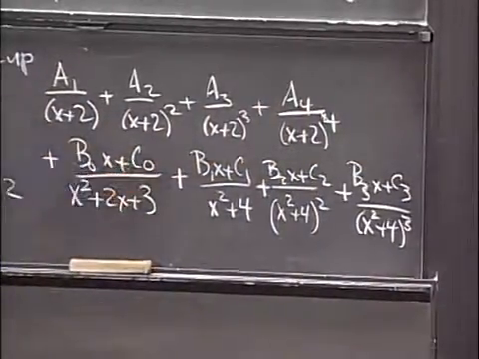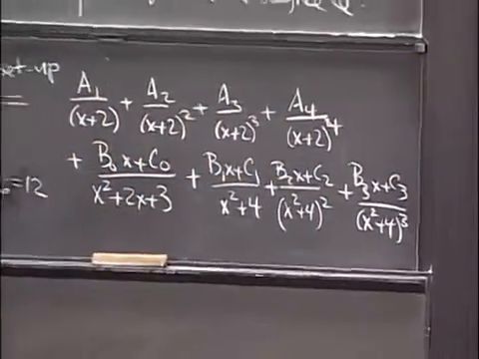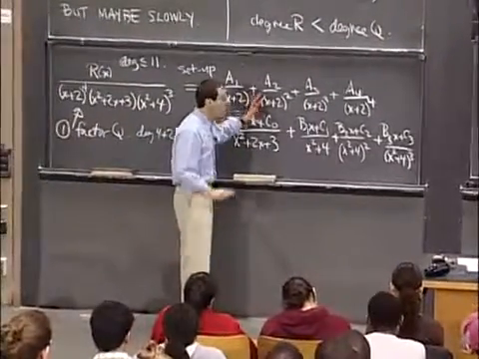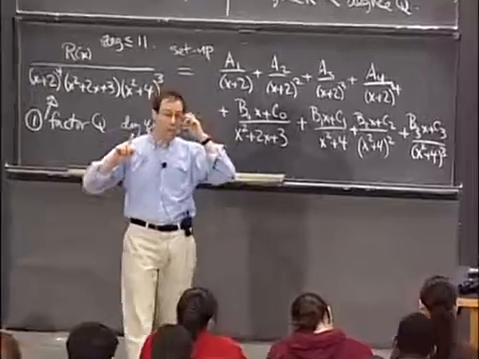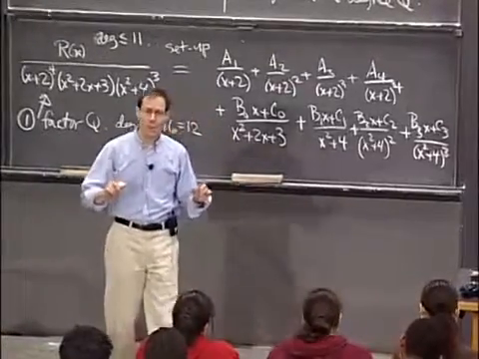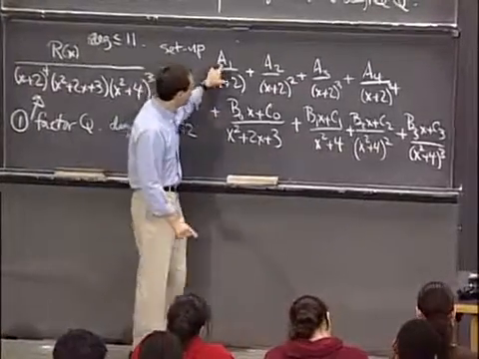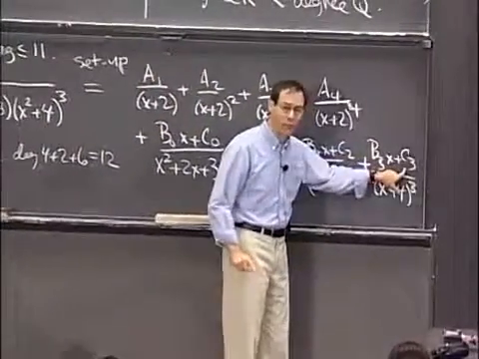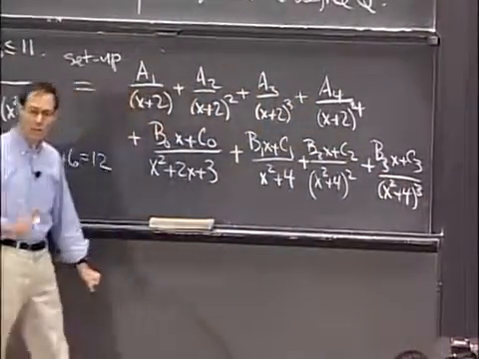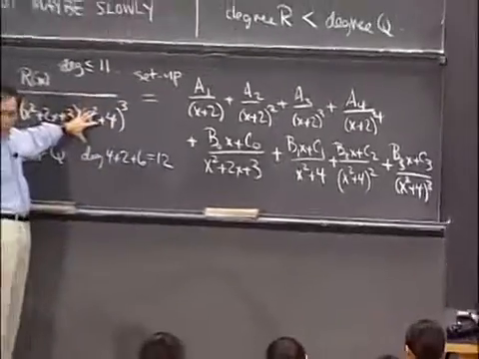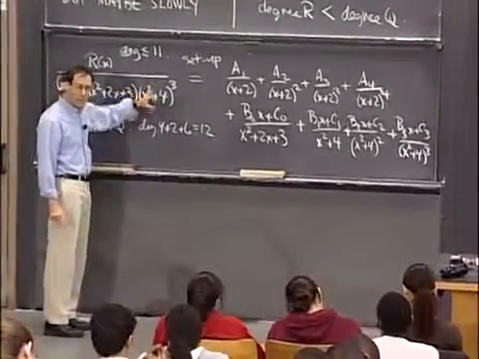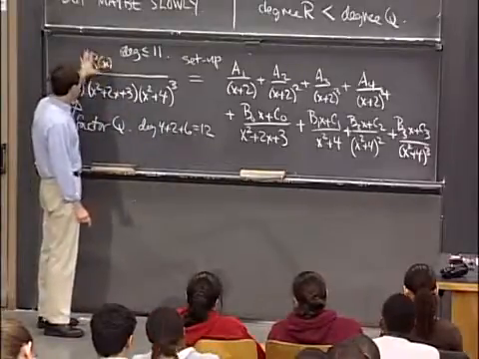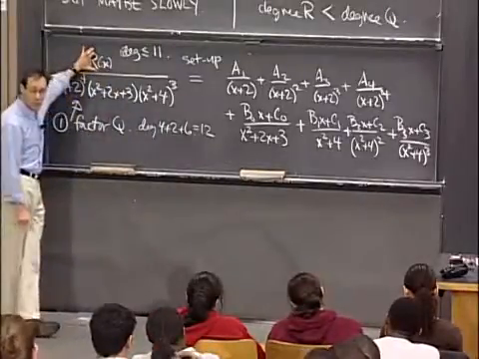All right, so here's the pattern. Let me just do a count of the number of unknowns we have here. The number of unknowns is 1, 2, 3, 4, 5, 6, 7, 8, 9, 10, 11, 12. That 12 is no coincidence. That's the degree of the polynomial, and it's the number of degrees of freedom in a polynomial of degree 11.